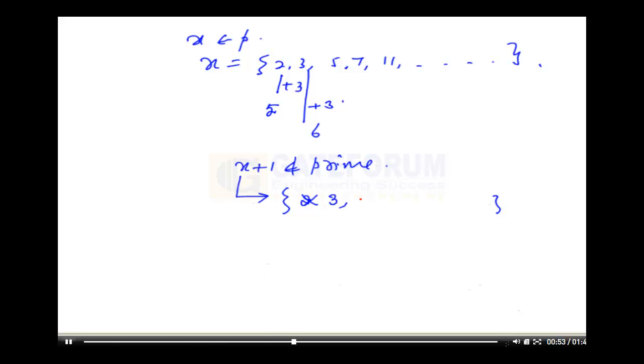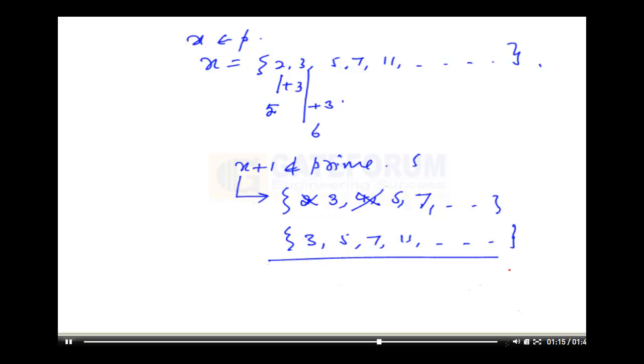If X is 4, 4 plus 1 is 5, which is prime, so it will not satisfy the condition. If X is 5, yes. If X is 6, it will not satisfy. If X is 7, yes, and so on. So ideally we'll get this set as 3, 5, 7, 11 and so on. That is nothing but prime numbers. Again, by using only this statement 2, we cannot answer.